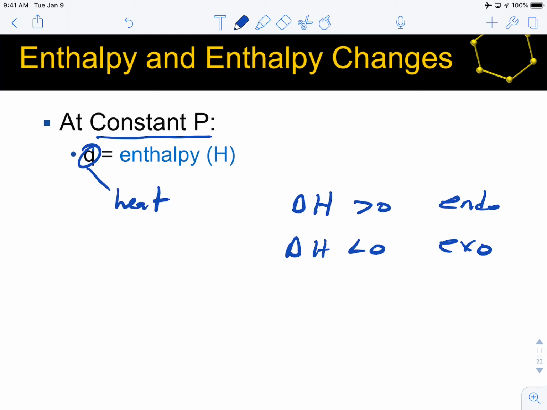We can actually use subscripts next to delta H to tell you what type of specific process we're dealing with. And we'll see this on the next slide. So we can do different types of heat associated with reactions. You'll see that in a second.